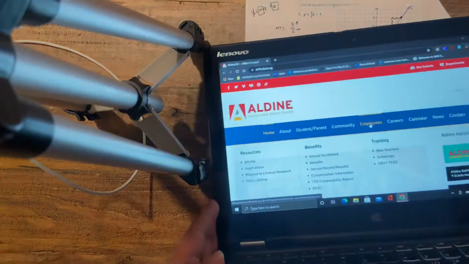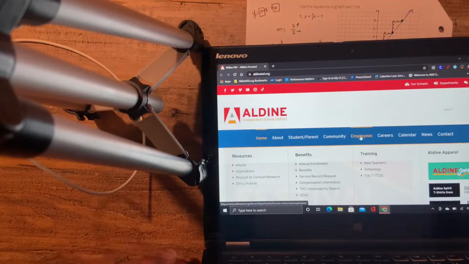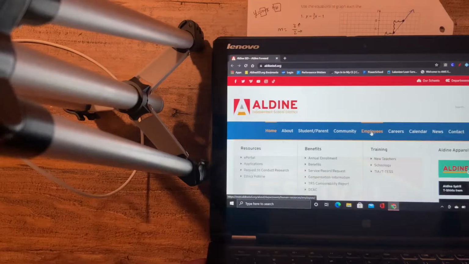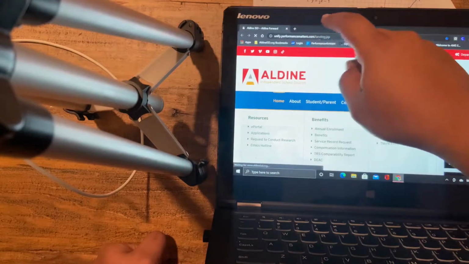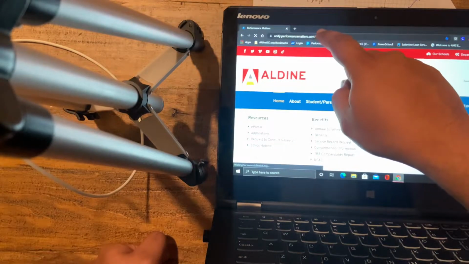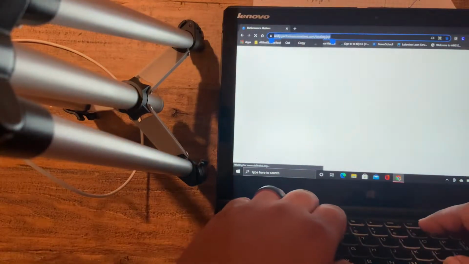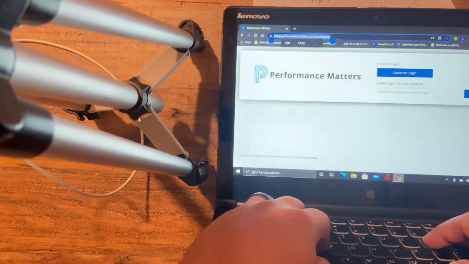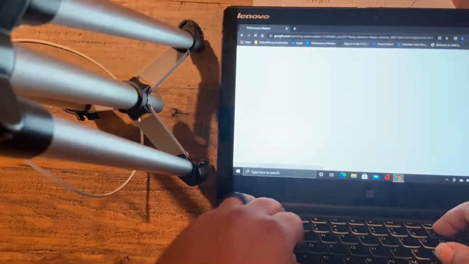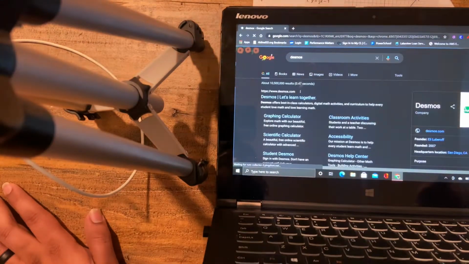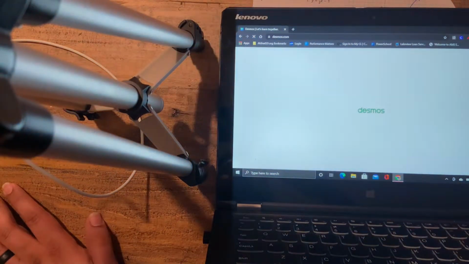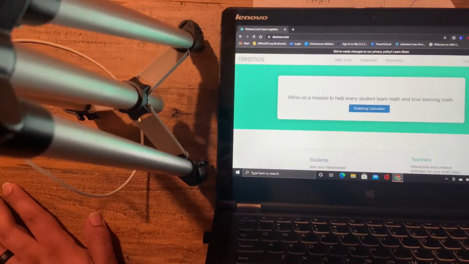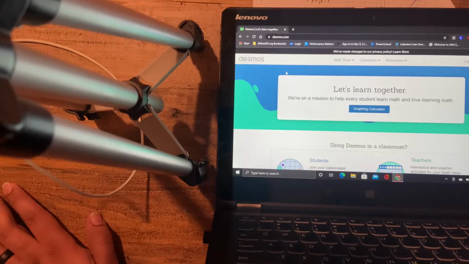Of course, you're on your laptop or Chromebook. In the search bar, you're going to click Desmos. Click the first one. We have to remember that we can't just click Graphing Calculator.